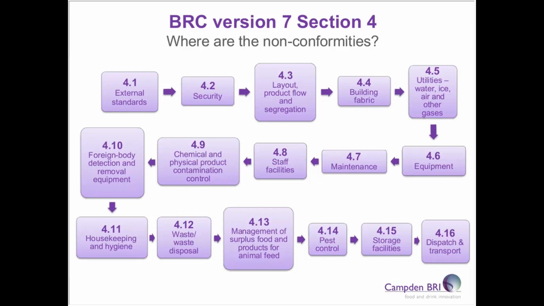Rather general clause on housekeeping and hygiene, waste and waste disposal, management of surplus foods, pest control, storage facilities, and dispatch and transport. At this point, we'd like to ask, just take a mental note and have a look at the list and see where you think the most popular or most common non-conformities arise.